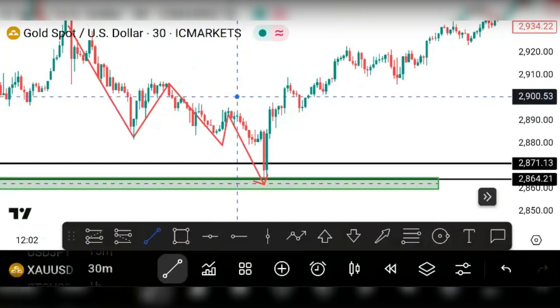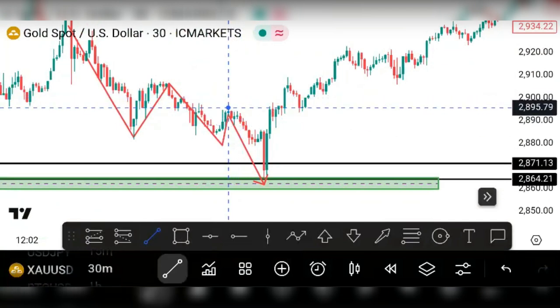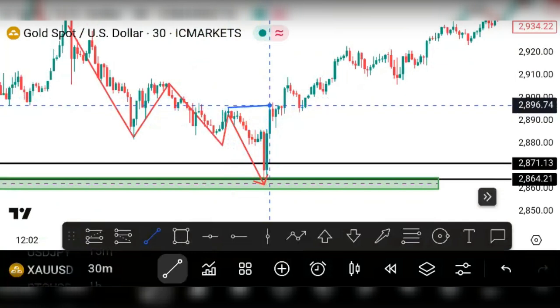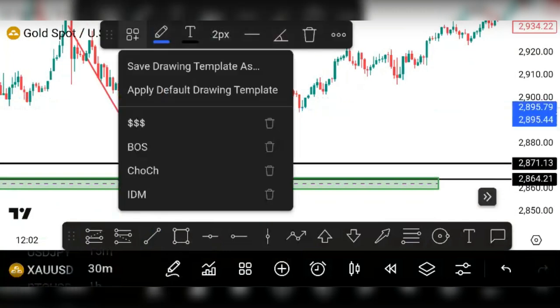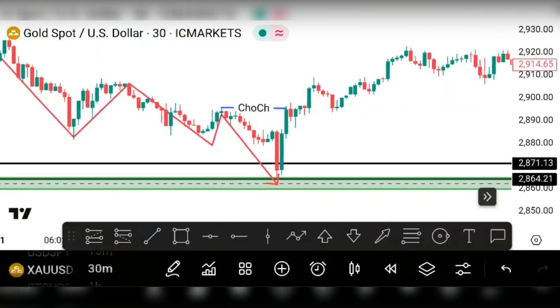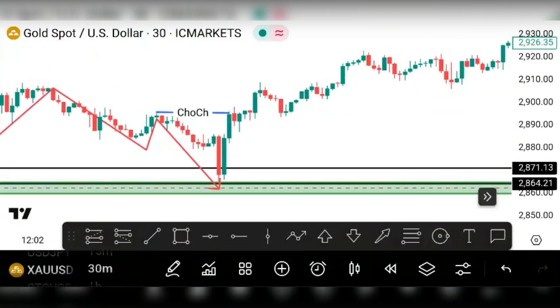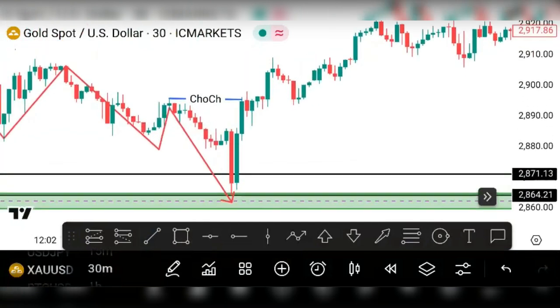So we can see this low, this high was broken, meaning we're having a change of character here. Change of character. Then on my 30 minutes, I look for my order block on the 30-minute time frame.